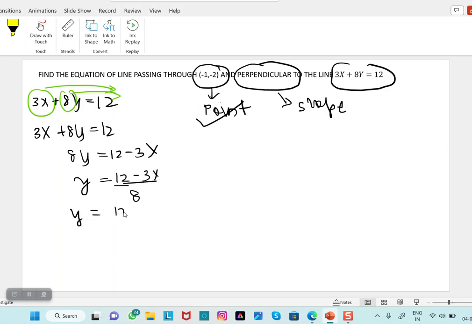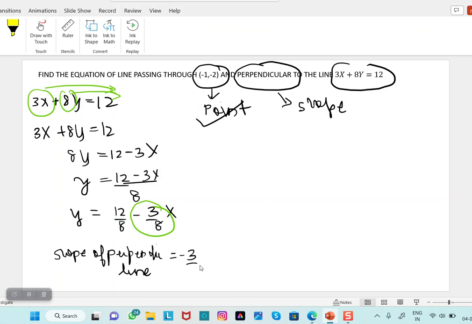Now we do it 12 upon 8 minus 3 upon 8x. Now the slope is nothing but whatever number is written in front of x is your slope. So the slope of perpendicular line is minus 3 by 8. This is the slope of perpendicular line.